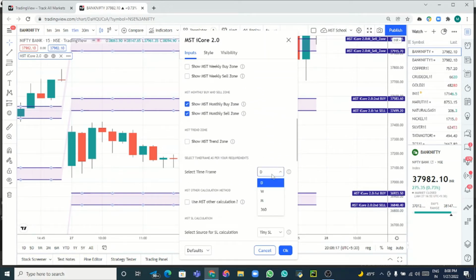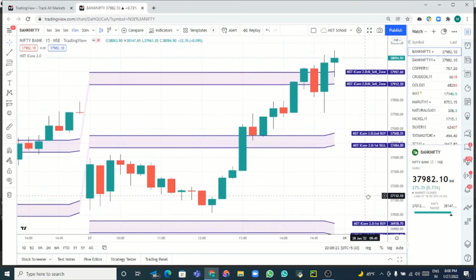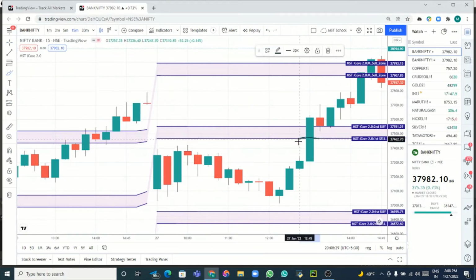If you want, you can keep it on day also, no issue. Slightly we have got a difference. Sell got activated here, and immediately SL hit. After SL hit, immediately the second buy activated and target hit. That's all.